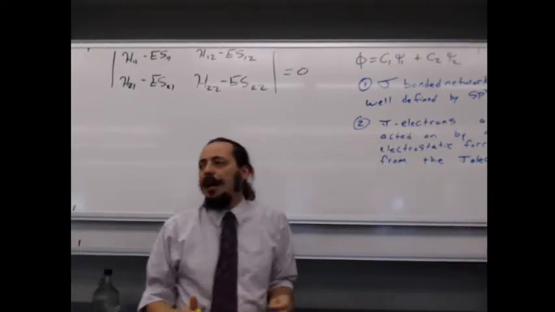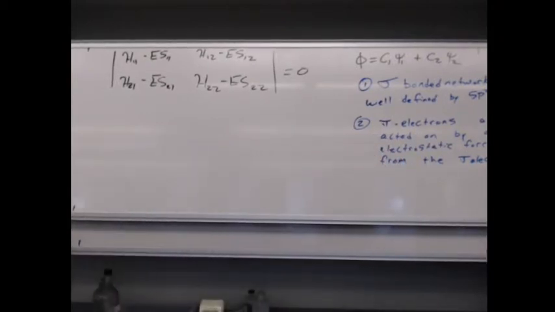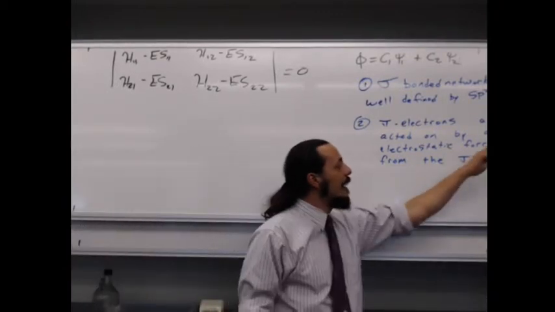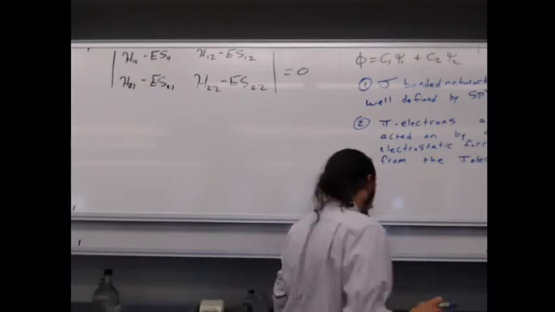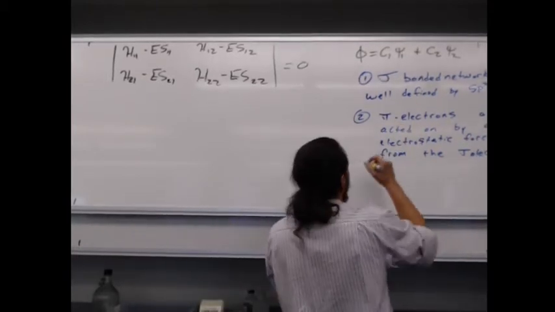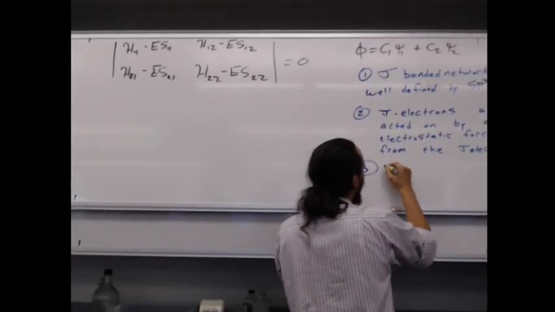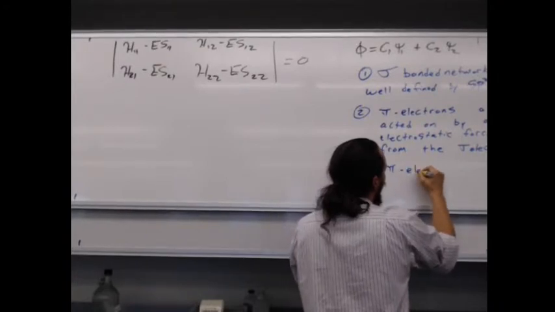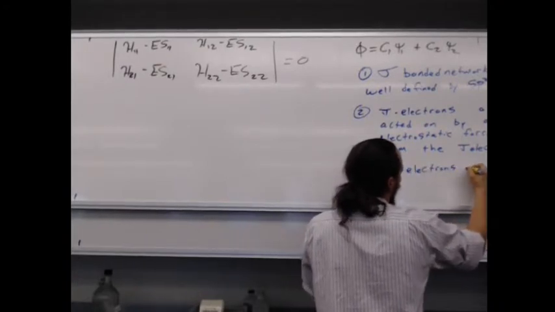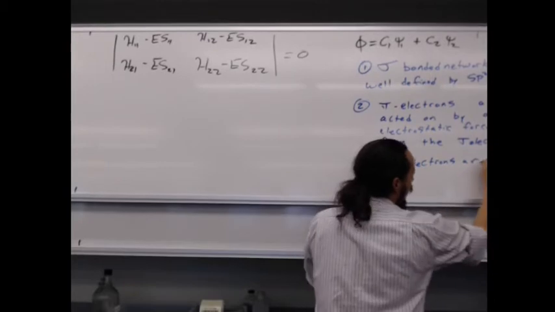So that single bonded network is going to create some electric field that the pi electrons are going to be influenced by. And so this is essentially going to say there's a potential field that's going to be interacting with our pi electrons. And then the third thing is pi electrons are delocalized.